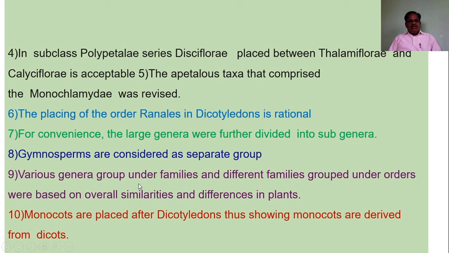Then various genera are grouped under families and different families are grouped under different orders. Just like I told you, when we pass through the various ranks and taxa, the ranks are the division, subdivision, then class, subclass, series, order, then family and genus. So various genera group under different families.